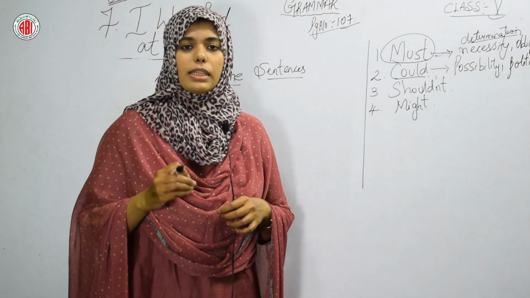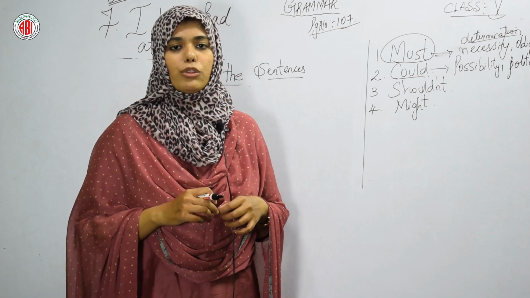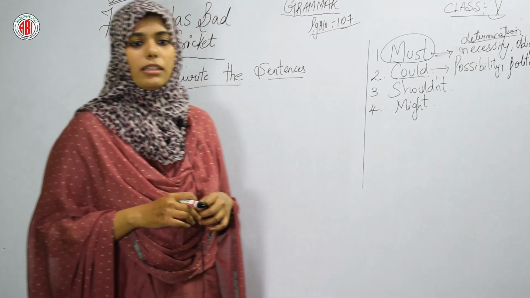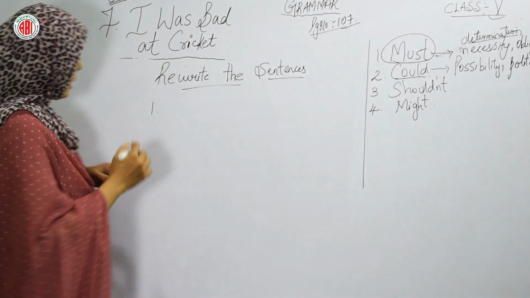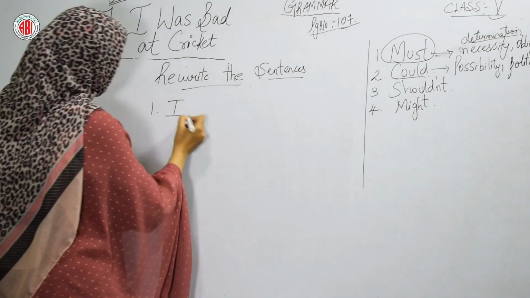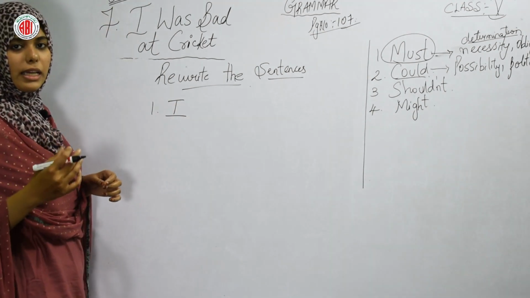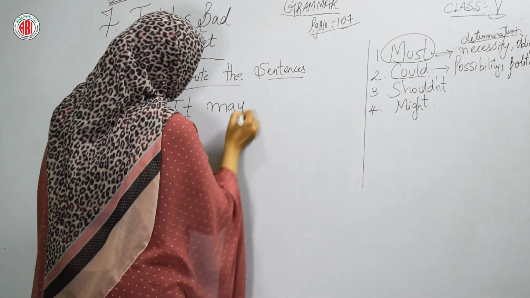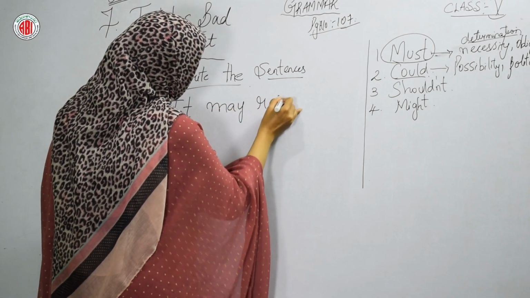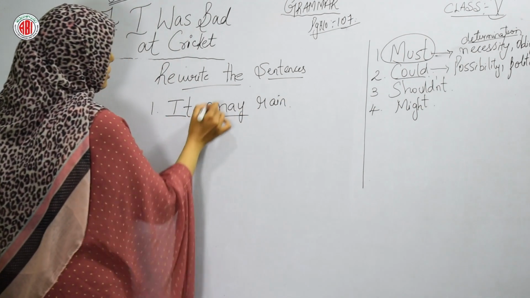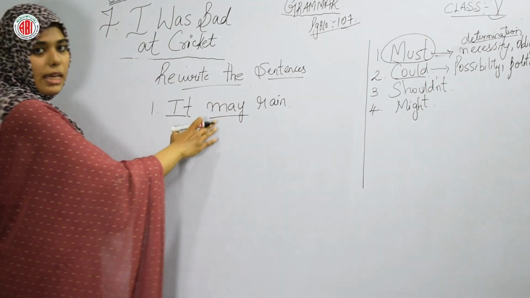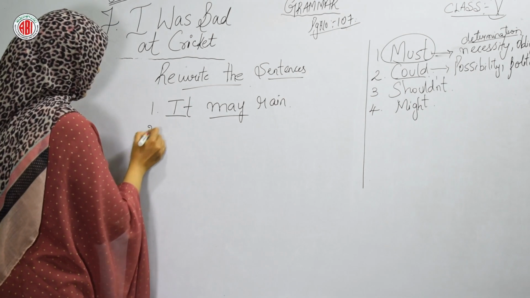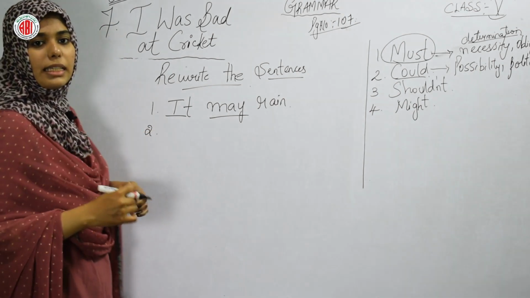Using this modal we have to frame this sentence. It is likely to rain changes to: it may rain. Yes, it may rain. So, we have used this modal to rewrite the sentence.